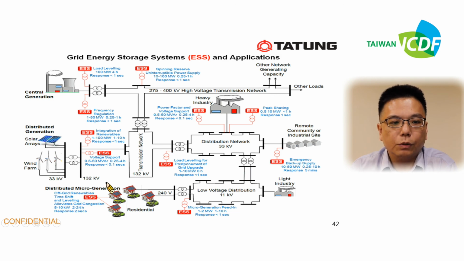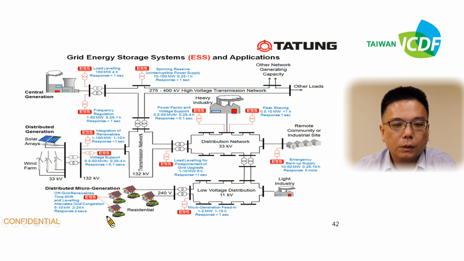The final application is distribution micro generation. This is something like a microgrid application. You can install PV on the rooftop and integrate the battery system in the home. In the normal status, you can get power from the PV and also from the traditional grid.